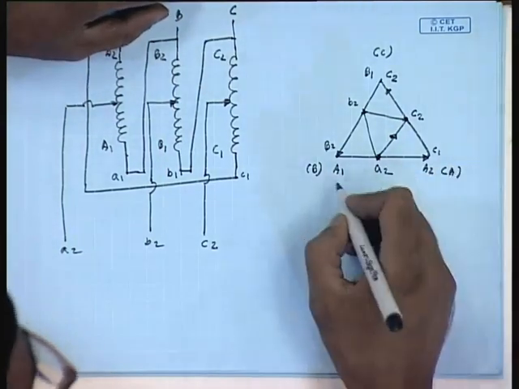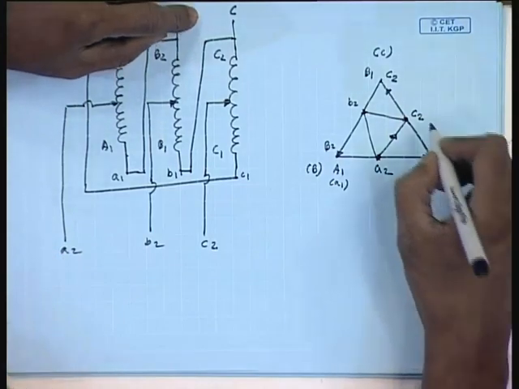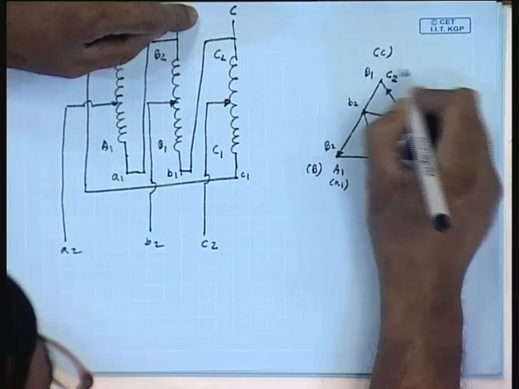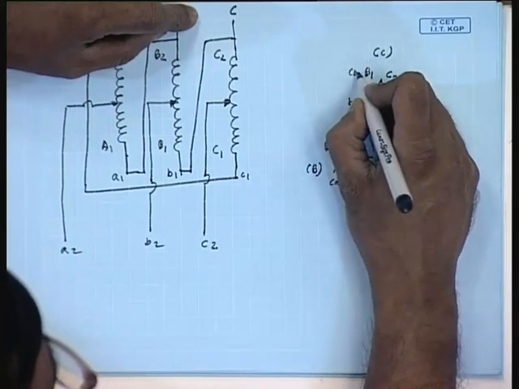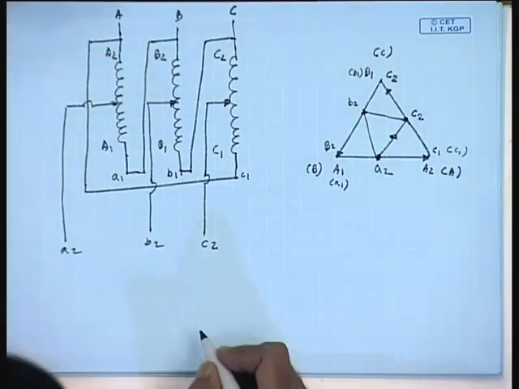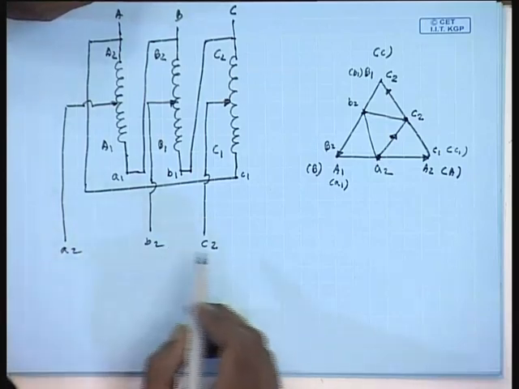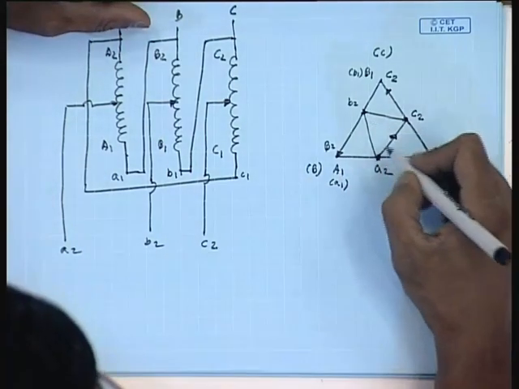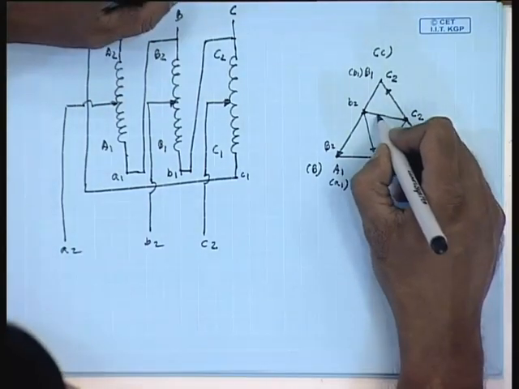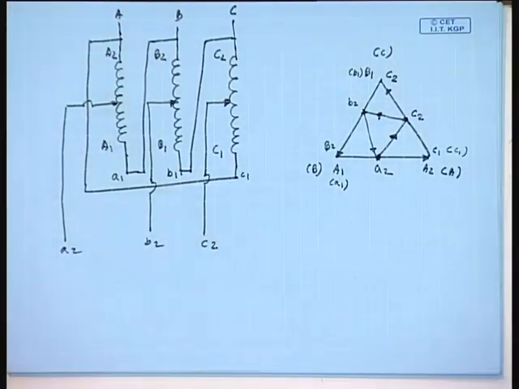That is, this point is also a1, this point is also b1, and this point is also c1. So, the line voltage A2 B2, B2 C2 and C2 A2 forms a phasor like this.